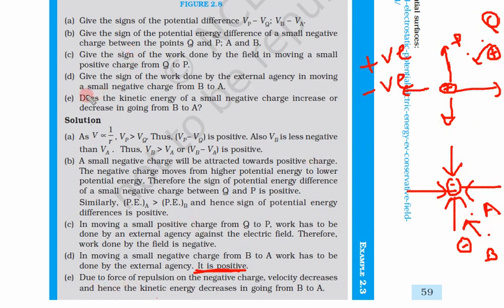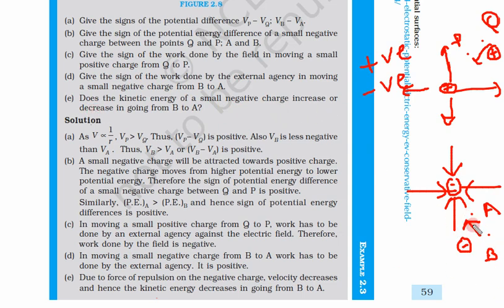Now the last question: does the kinetic energy of the small negative charge increase or decrease in going from B to A? So now what we have to see is, it is going from B to A, so will it increase or decrease?